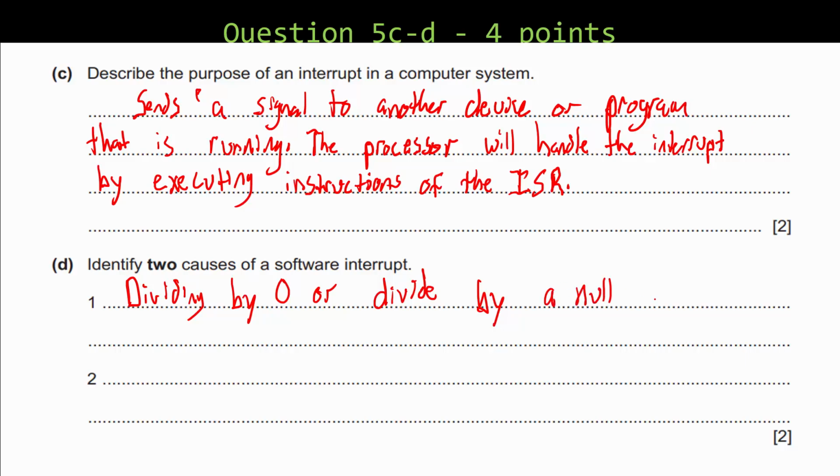Dividing by 0, 0 is not a null value. That's just not allowed. Dividing by something that is not a value at all, nothing there, that's a null value. Going outside the bounds of an array.